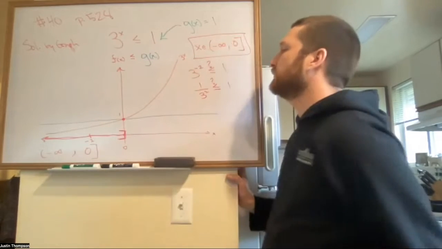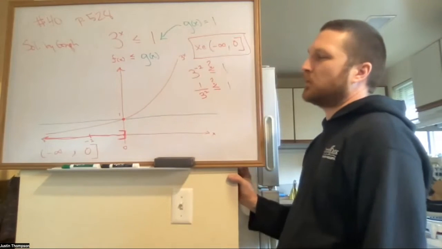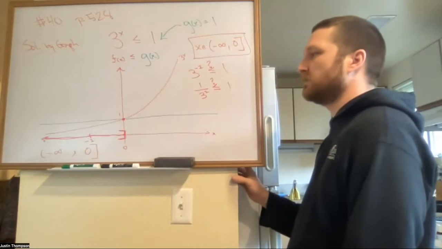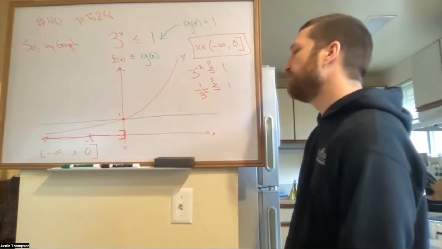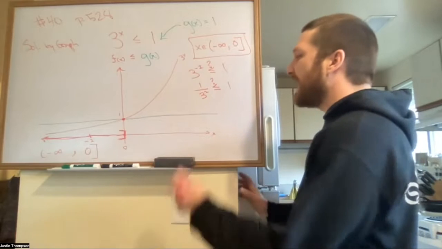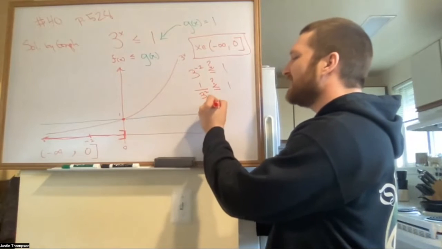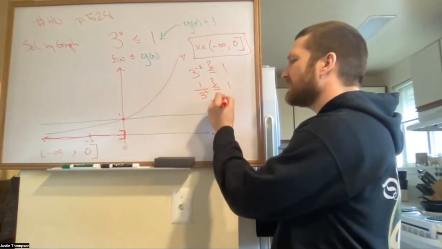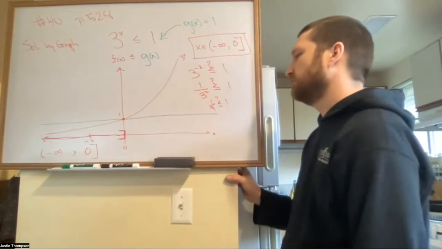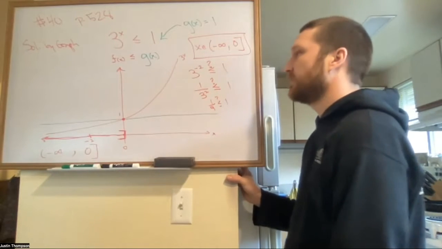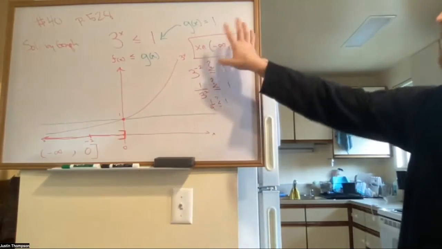There you go. Good. That's all a negative exponent means. It's a fancy way of saying just denominator. And so, okay, that is 1 over 9. Is it true that 1 over 9 is less than 1? Yes. Okay, so yeah, I feel good about this answer.